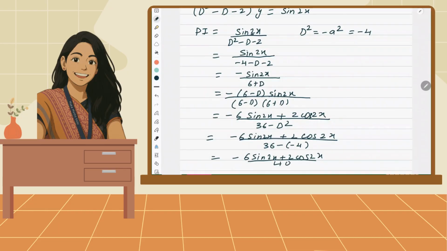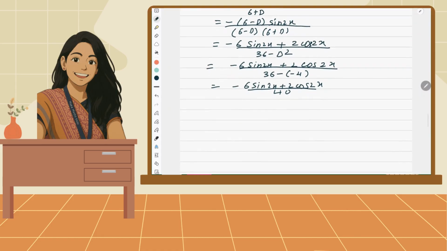Correct? So I got this as my PI. So my final answer Y will be CF plus PI. Always remember, you have to always write down the final answer. So I got minus 6 sine 2x plus 2 cos 2x upon 40 as my PI.